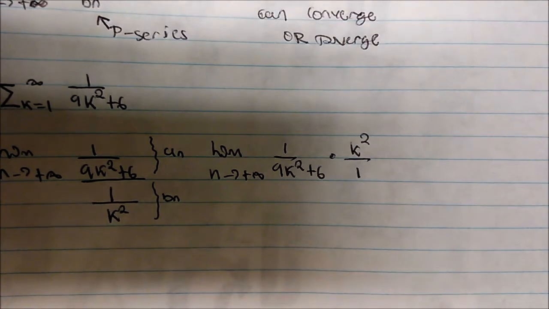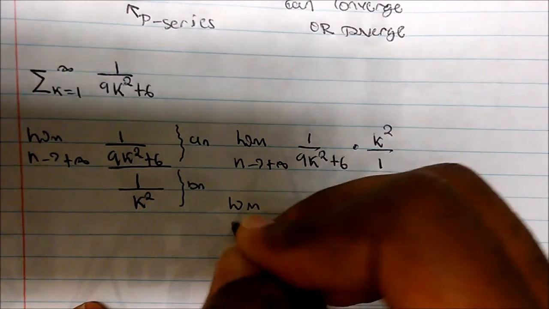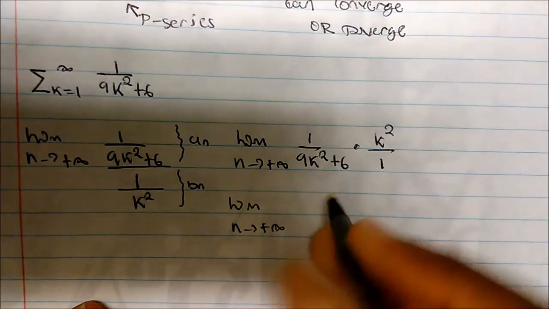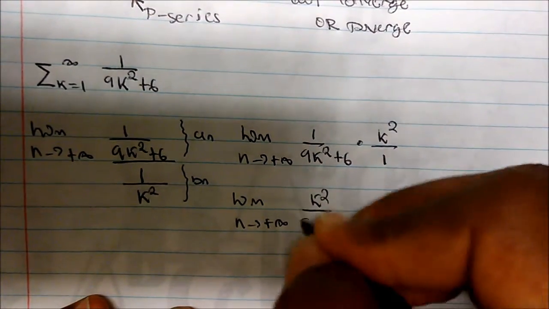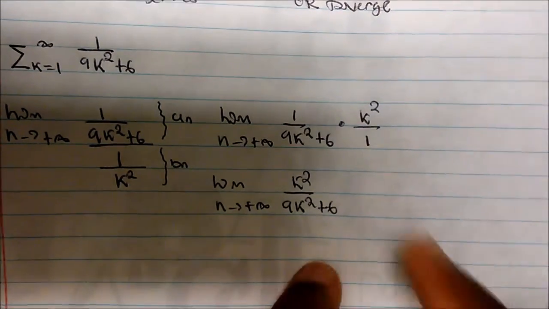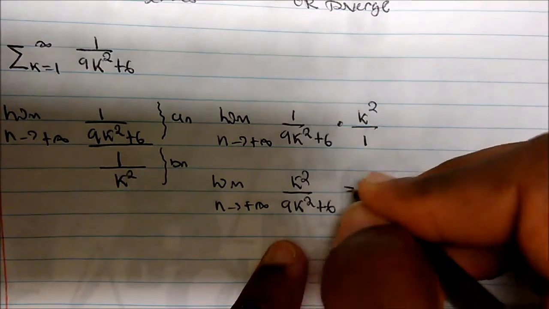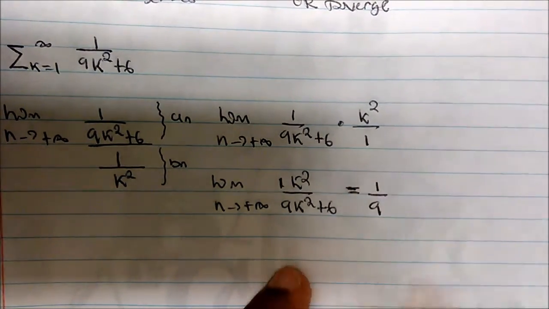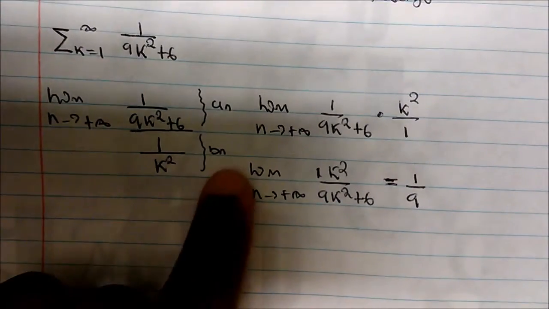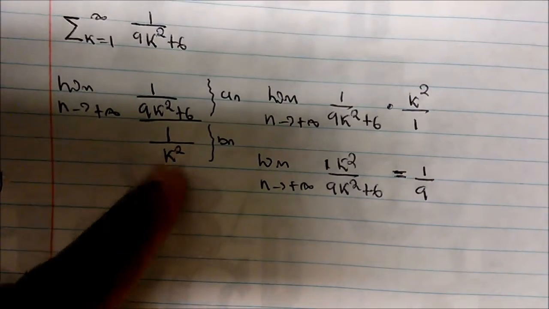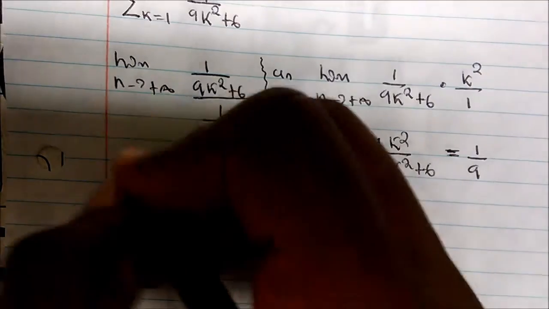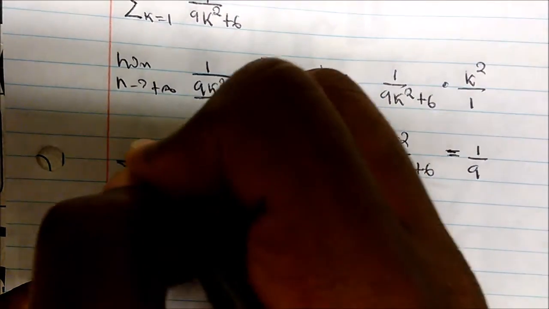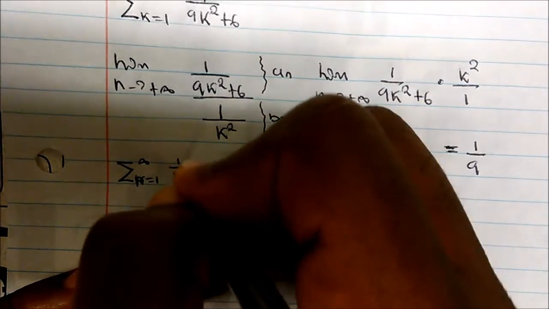So our limit as n approaches positive infinity now becomes k squared over 9k squared plus 6, and obviously we can get the limit. We know the limit for this is 1/9, but that doesn't tell us anything. What we need to know is that this is a p-series: the summation from k equals 1 to positive infinity of 1 over k squared.